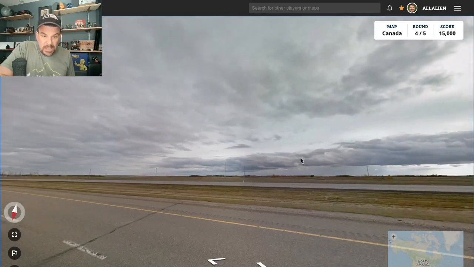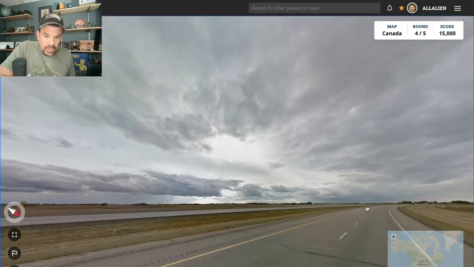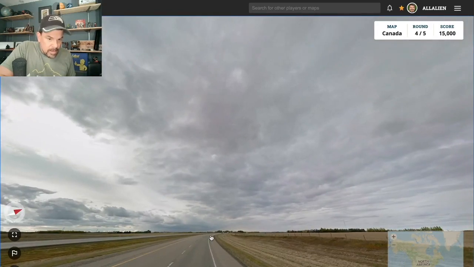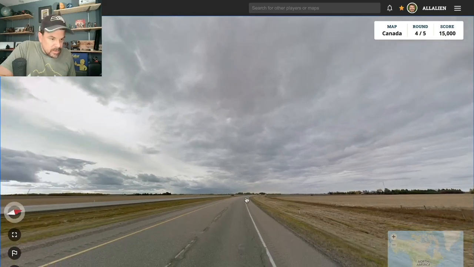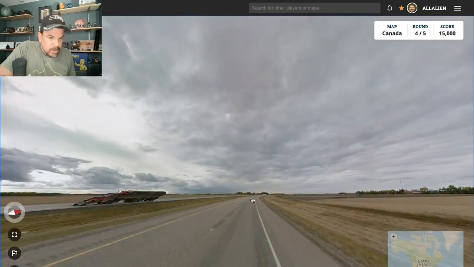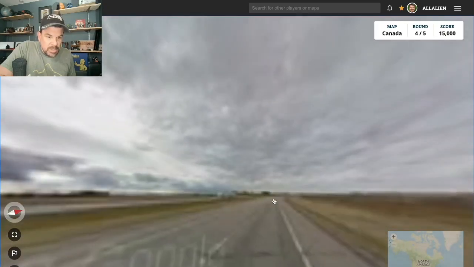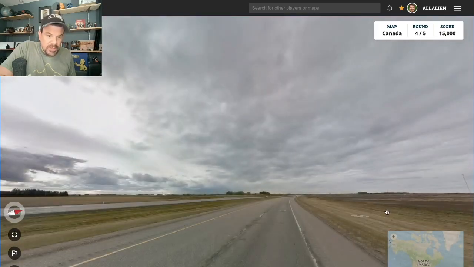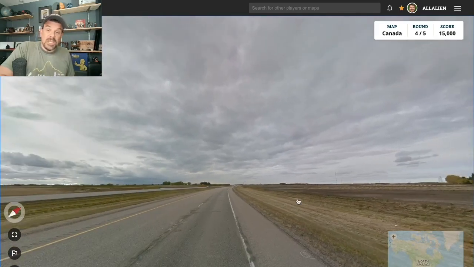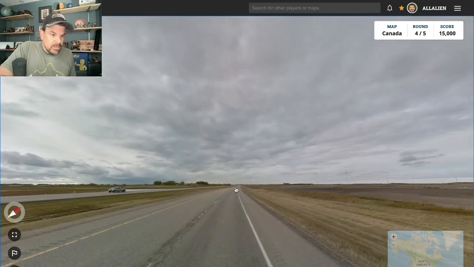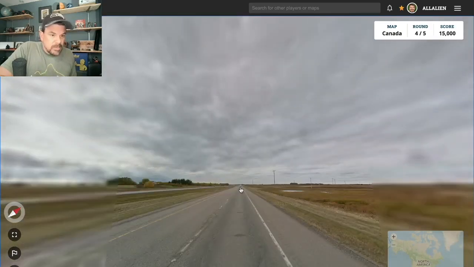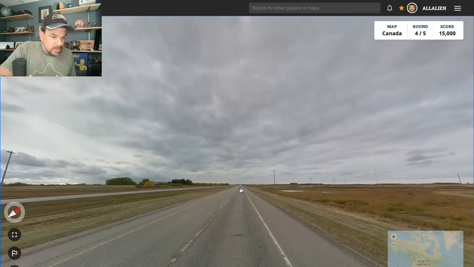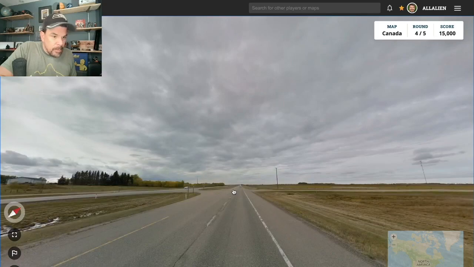It's entirely possible that we're on the Trans-Canada. So let's see what we see. This curve makes me think we're, you don't understand how flat and straight the highways are in Saskatchewan. It's like Australia, and you just put the club on your steering wheel, take a nap, and you're gonna stay on the road.